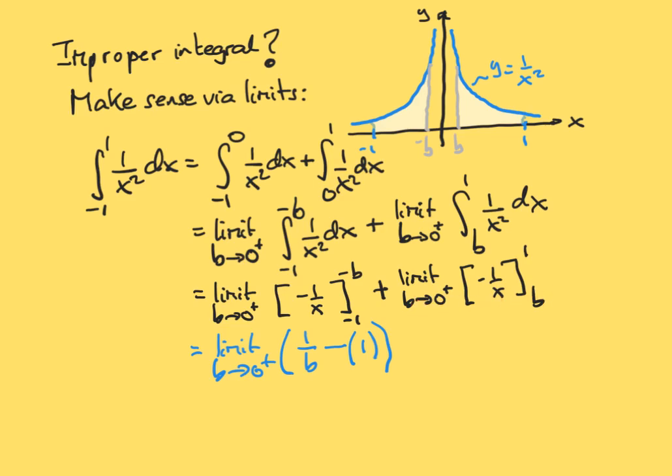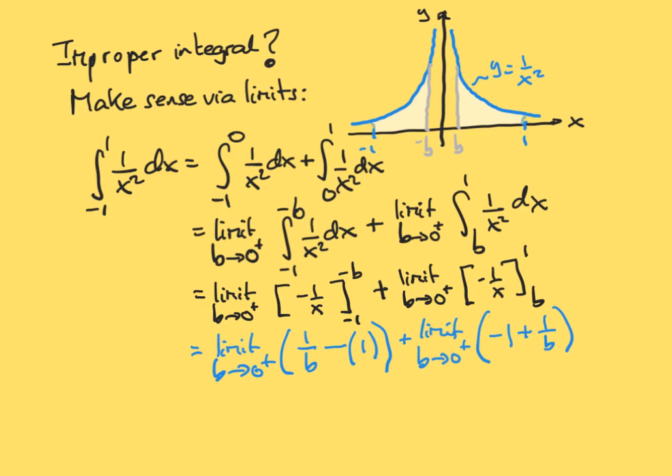You can do it yourselves. You'll see that you get the numbers swapped around a little, but you are going to get exactly the same result. So you're going to get plus the limit as b goes to 0 from above of, and now it's going to be minus 1 plus 1 over b from the lower limit. And you're very welcome to go through that and check it.